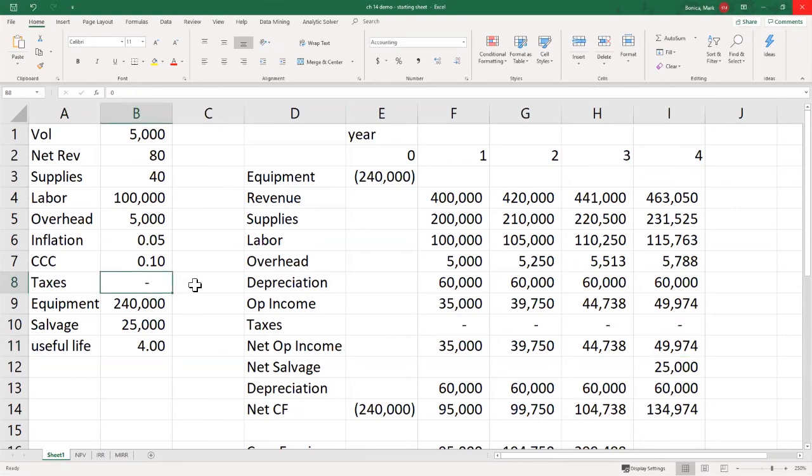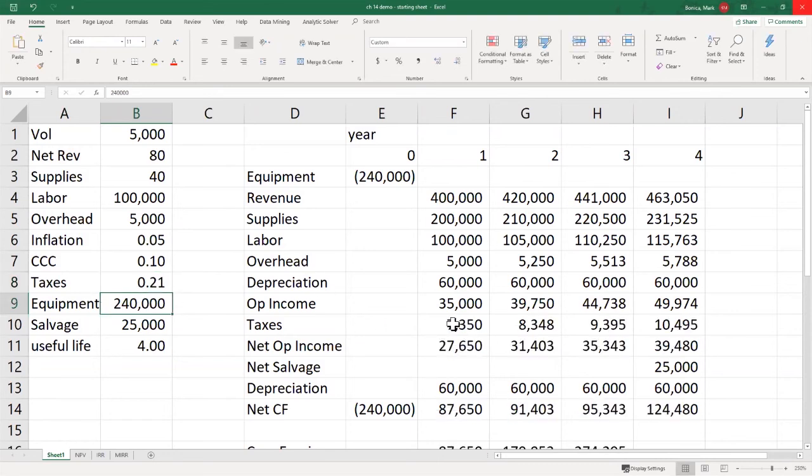As a result of the tax act, I forget what it was actually called, corporate tax rates have been reduced to 21%. So let's change our assumption from zero taxes with a not-for-profit to a for-profit with a 21% tax rate.